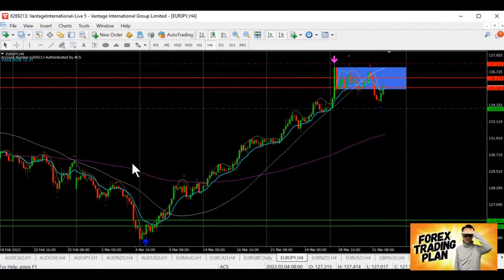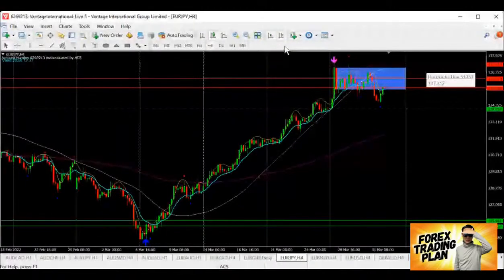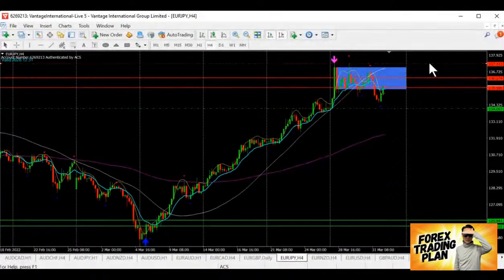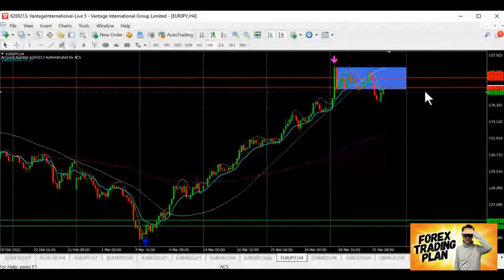Okay, let's look at this. So we are very near. Same thing, we are so near. By looking at this over here, we have a resistance. Let's see where's the resistance. Here. So in this zone, now we are so near to the support level, the support which is here.